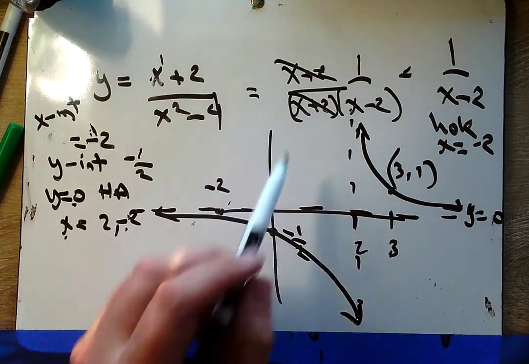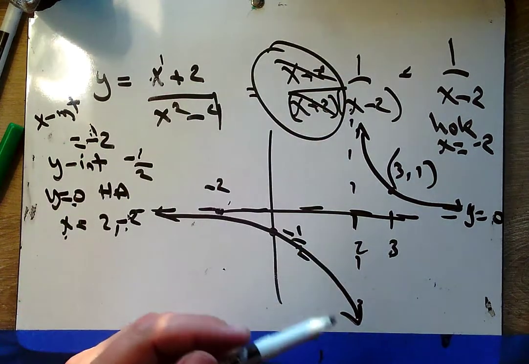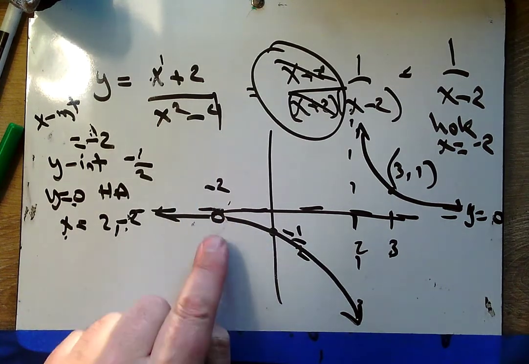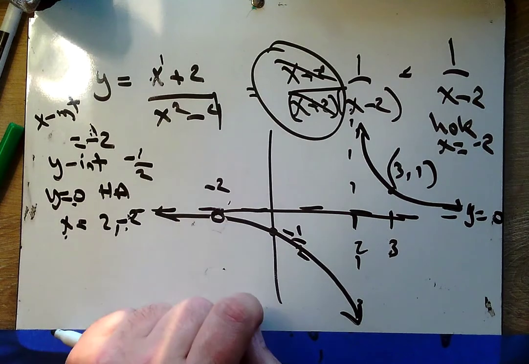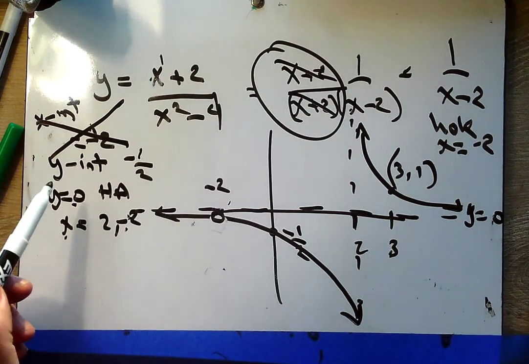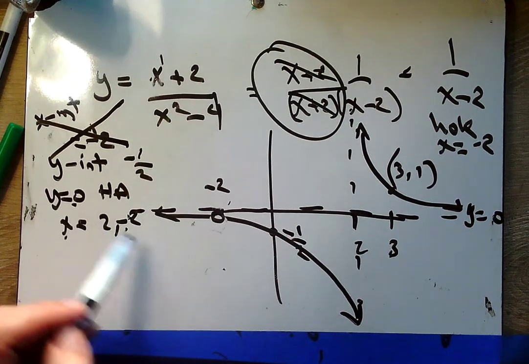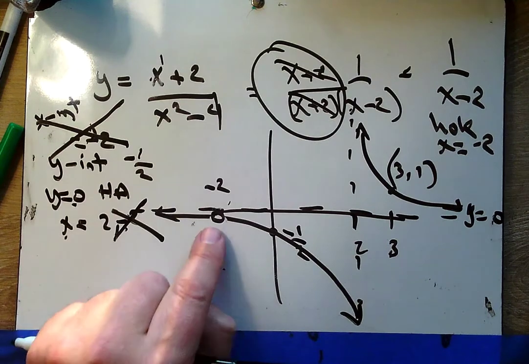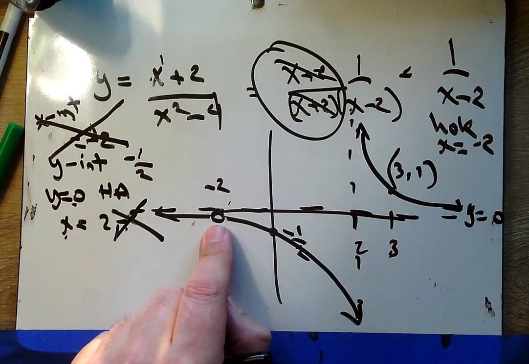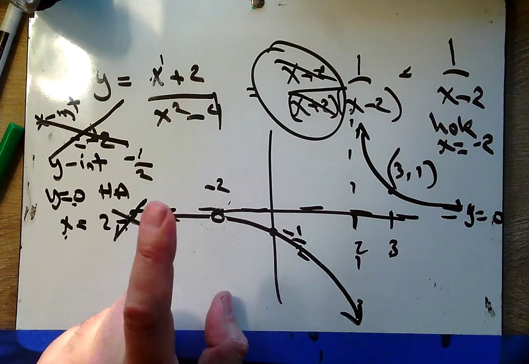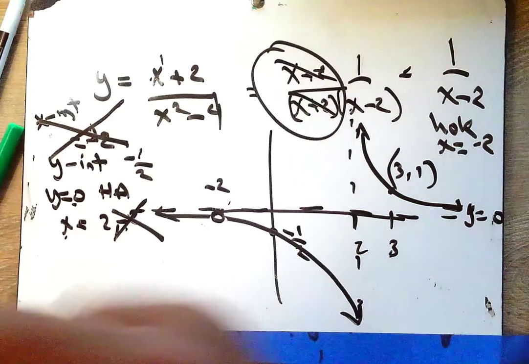The hole was at -2. We know that because we canceled those factors. Now, that is not on the x-axis, right? It's not going to be a vertical asymptote. It's not going to be an x-intercept. It's possible that the hole is on the x-axis, but it's very rare. Okay, so there you go, a hole.